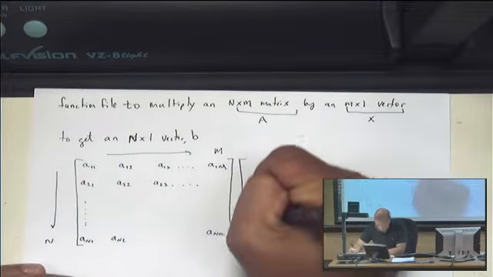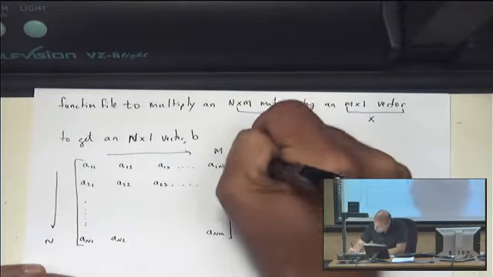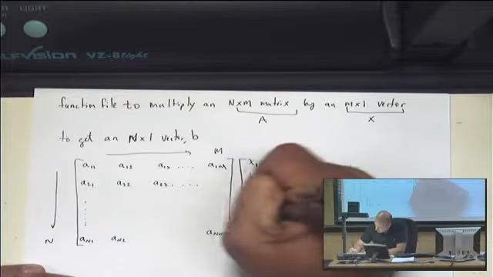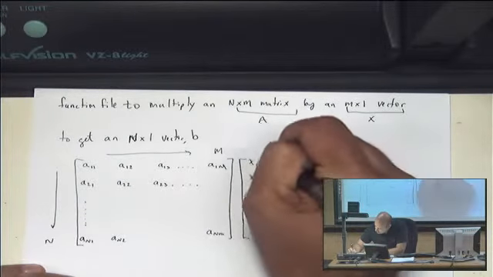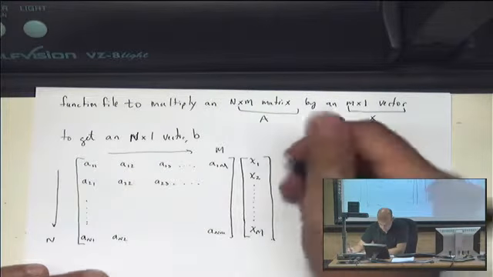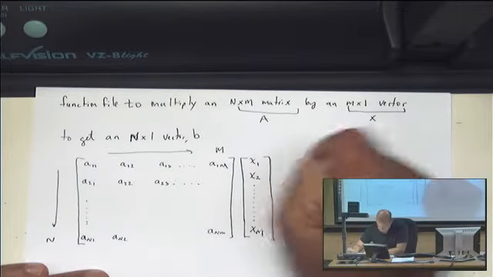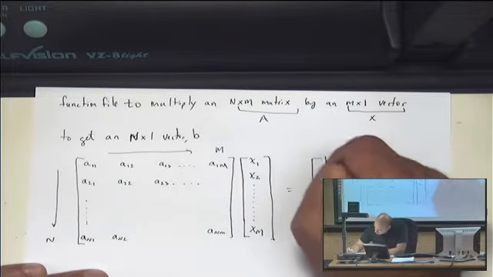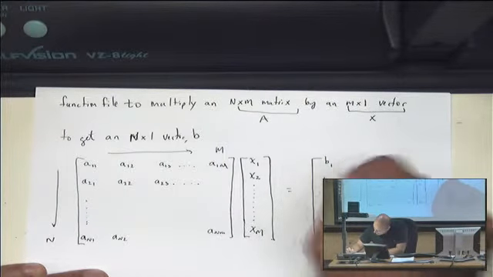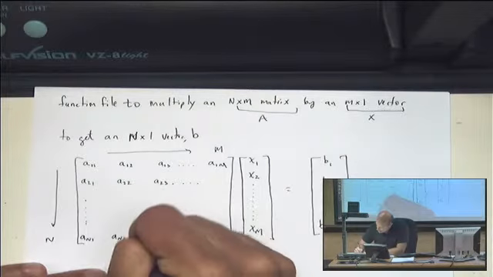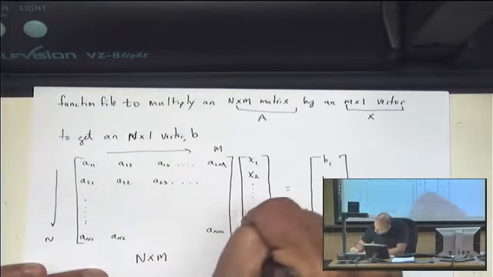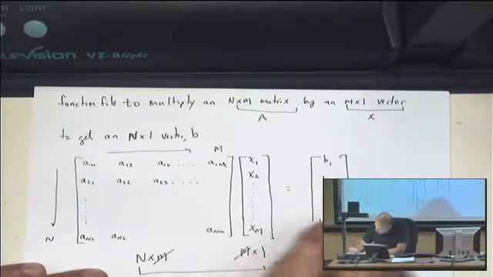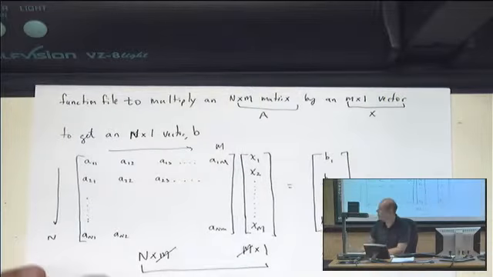And we want to multiply it by a vector x1, x2, all the way to xm, to get our new vector b1, b2, up to bn. If this is an n by m matrix and this is an m by 1 vector, the inner dimensions would agree, and we'd be left with an n by 1 vector. That's what we should get.